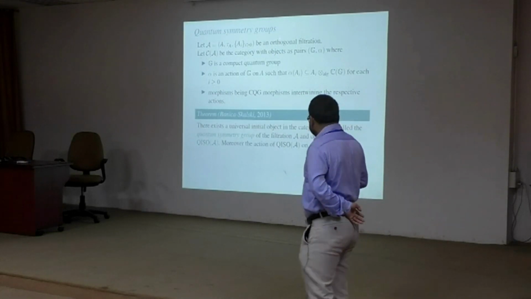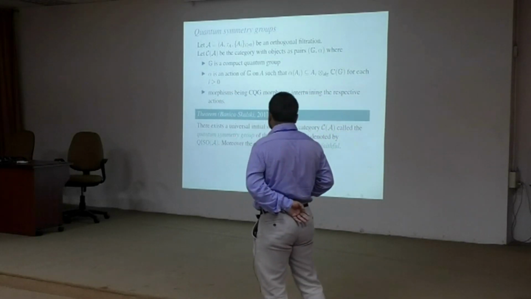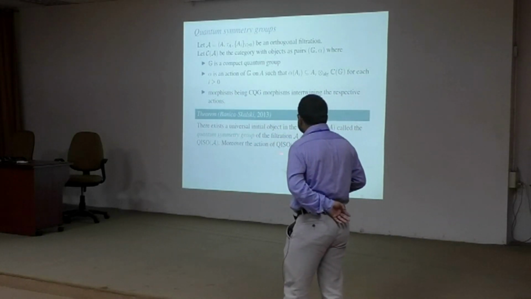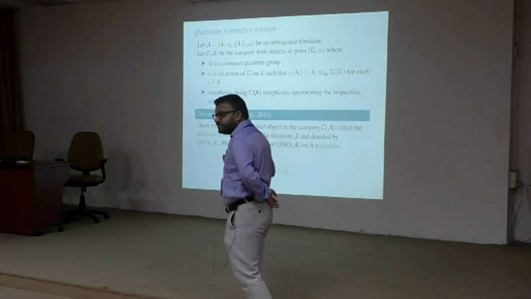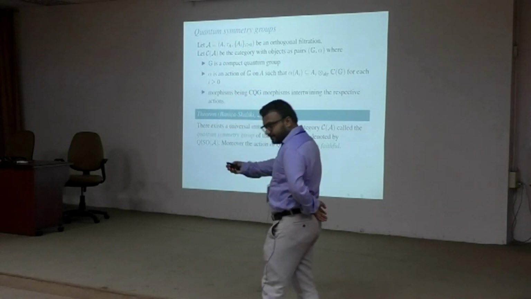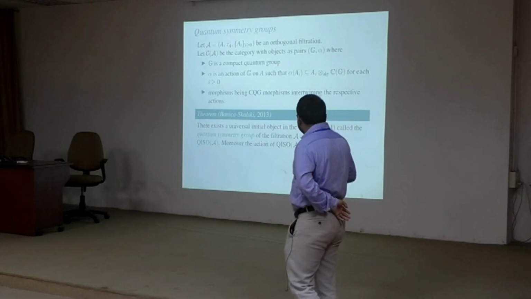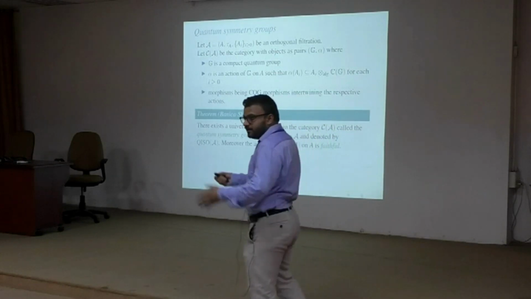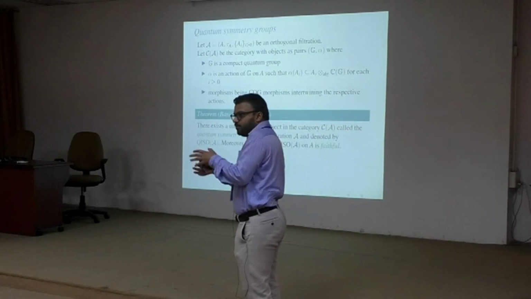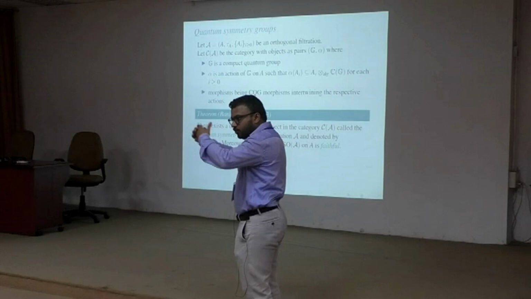Now, once you are in this situation, Banica and Skalski proved that in this category there is a universal initial object, and this object is in the category, therefore it's a compact quantum group, and it acts on the given C-star algebra faithfully. Faithfully means it's not that a subgroup of it is acting, it's actually the whole group that is acting.